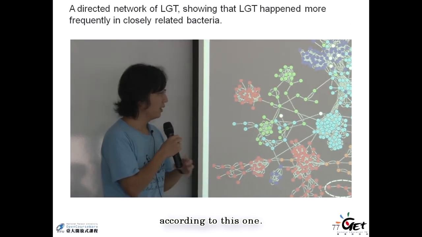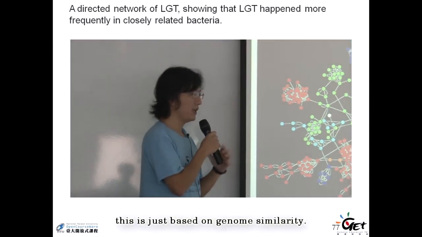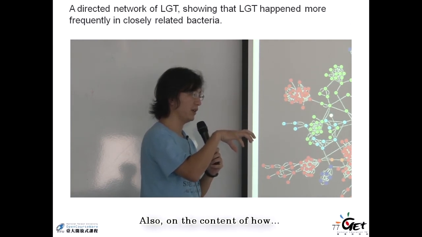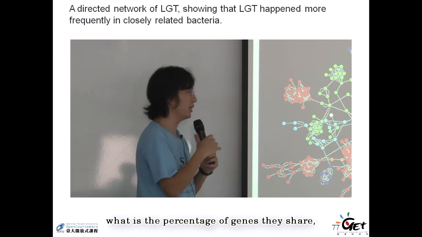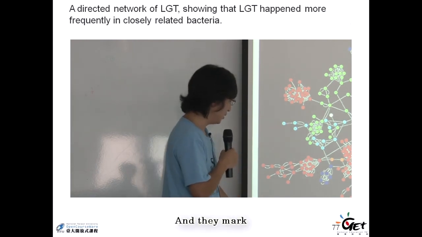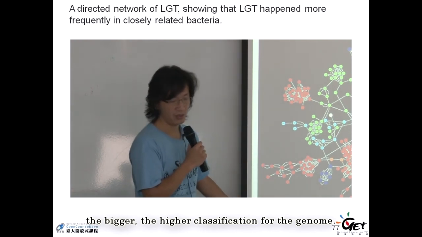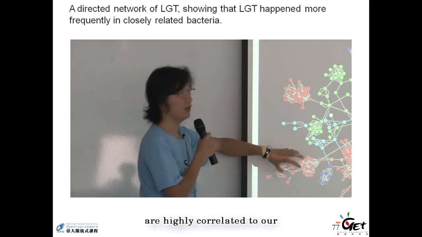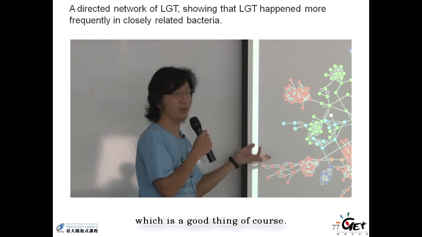So here, basically, this is just based on the genome similarity, also on the content, what is the percentage of the genes they share, something like that, and they mark the higher classification for the genome. This picture is showing that this grouping is highly correlated to our classification system right now, which is a good thing, of course.